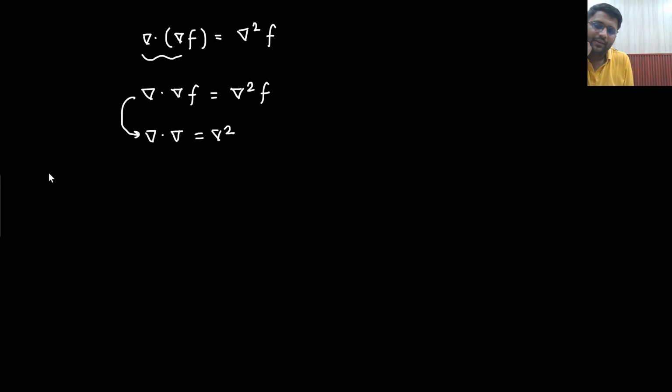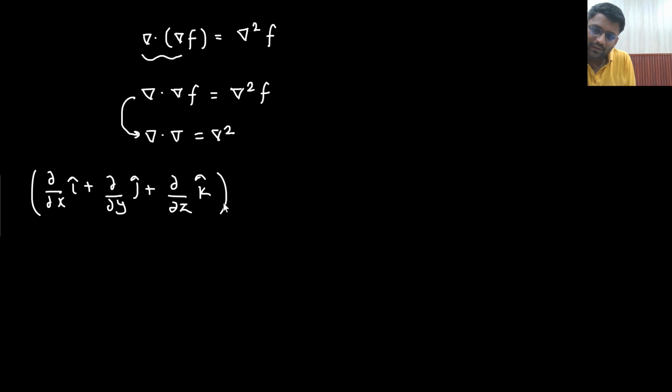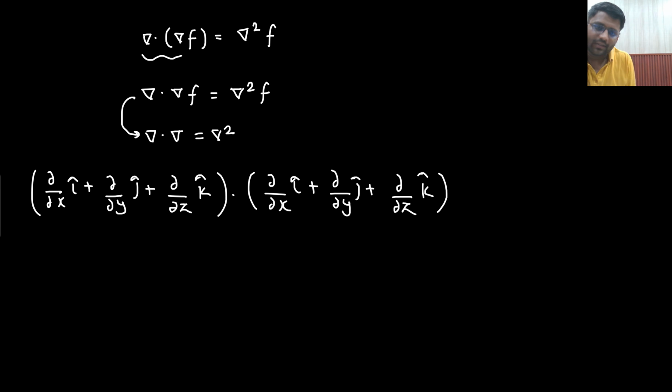What is del dot del? Del by del x i cap plus del by del y j cap plus del by del z k cap, dot product with del by del x i cap plus del by del y j cap plus del by del z k cap.